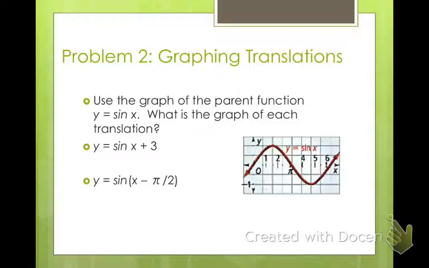So if this is 0 right here, this is 0 right here. This is pi, and pi over 2 is going to be halfway between the two. So this is pi over 2.